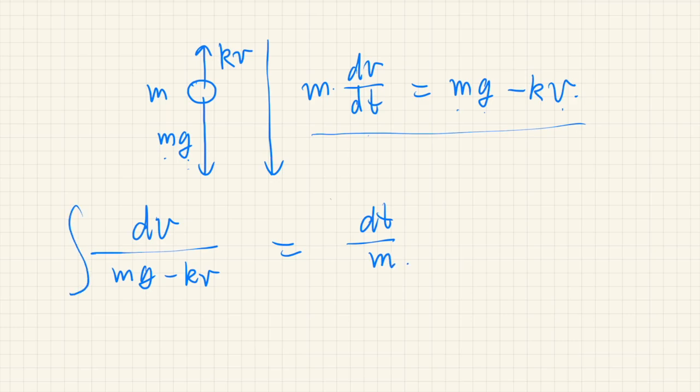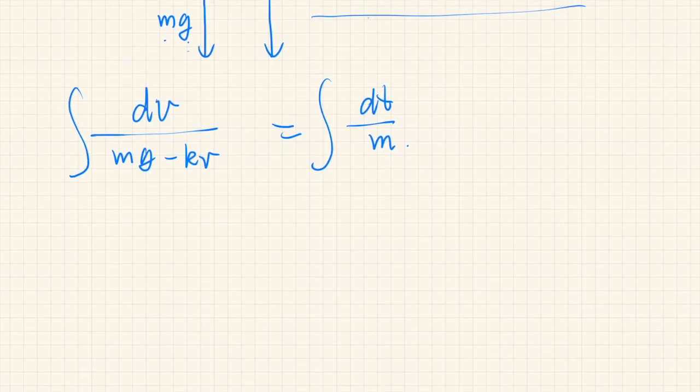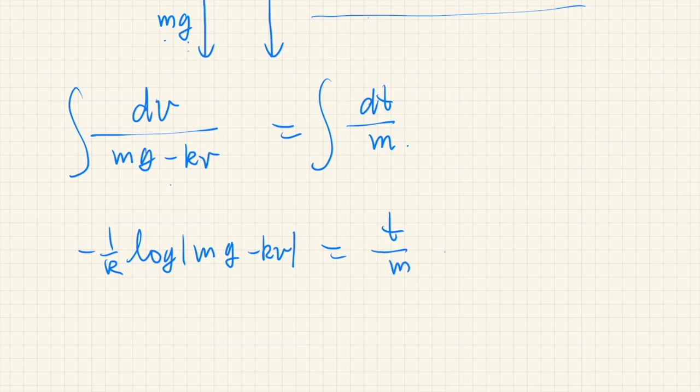So let's integrate both sides, and for the left hand side we have log absolute value of mg minus kv, times negative 1 over k, and here t over m plus constant.